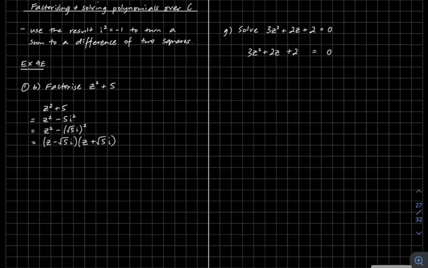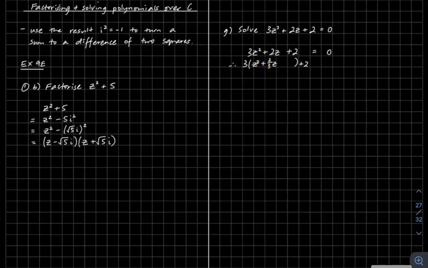Give myself a bit of space there. Therefore, let's take the 3 outside here. So we'll make that 2/3 z, and I'm going to leave my plus 2 out there. Now I'm going to complete the square on those two terms.